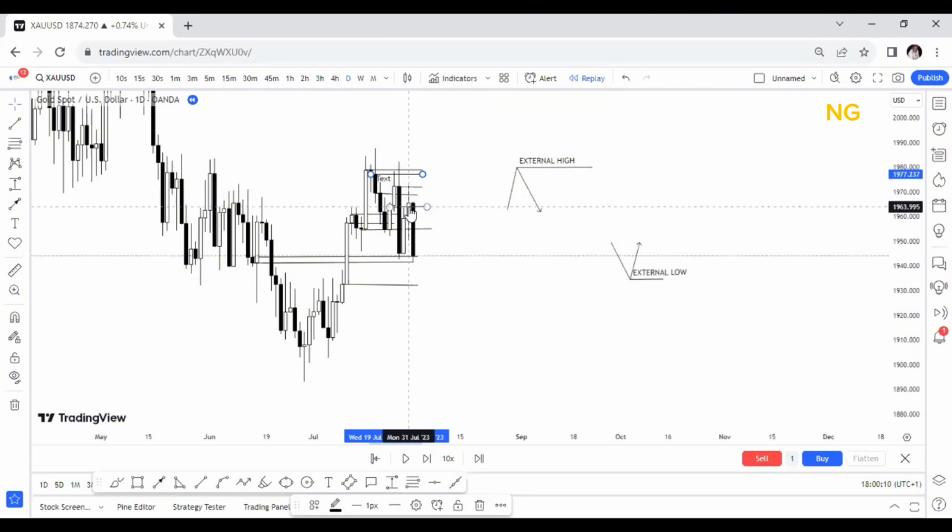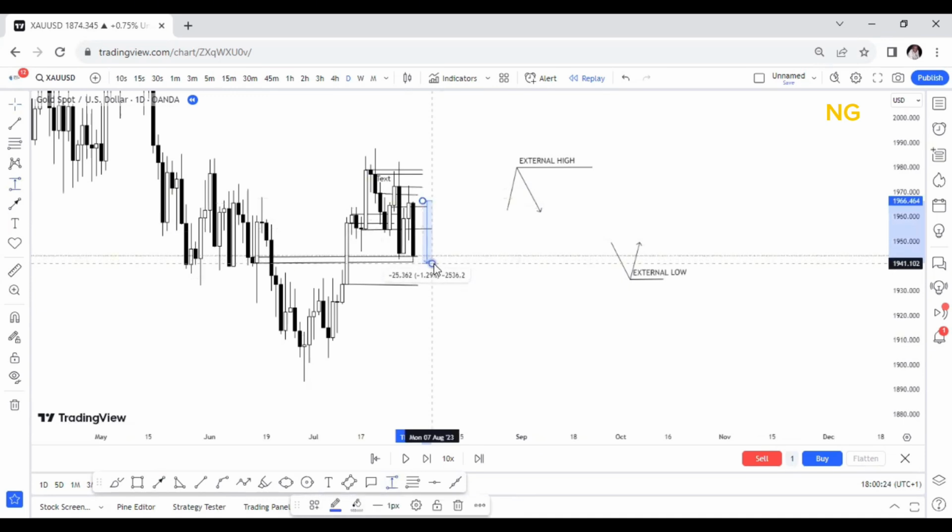It pulled back downward. You use that one again to resell. So all these are pullbacks that you use to re-enter your trade. It comes down, another good opportunity to capture almost about 2,536 pips. Another opportunity to capture more points there.